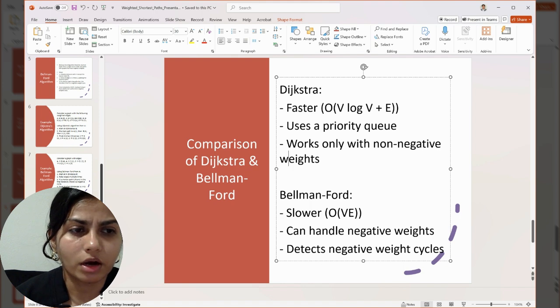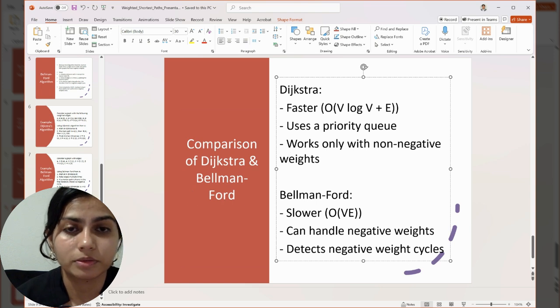If graphs have non-negative edges, Dijkstra's algorithm is preferred. However, if negative weights are present, Bellman-Ford is the better choice.